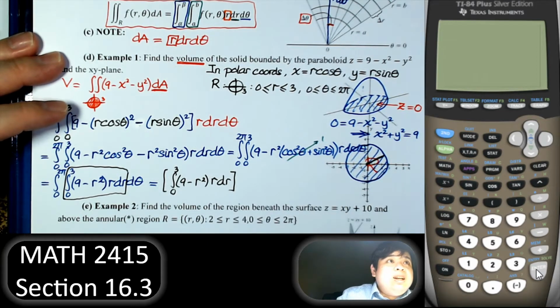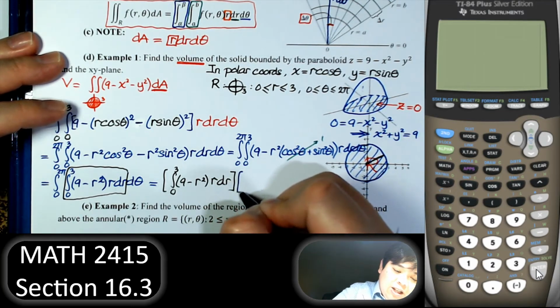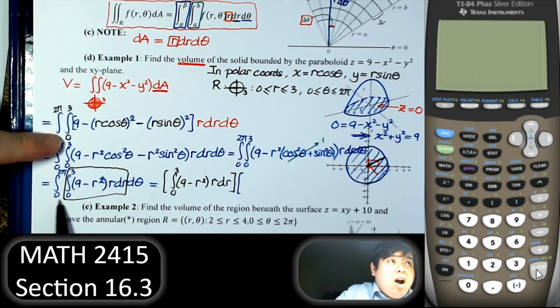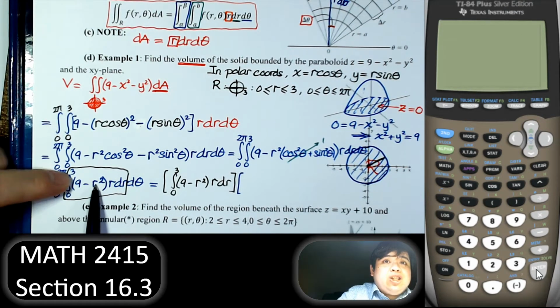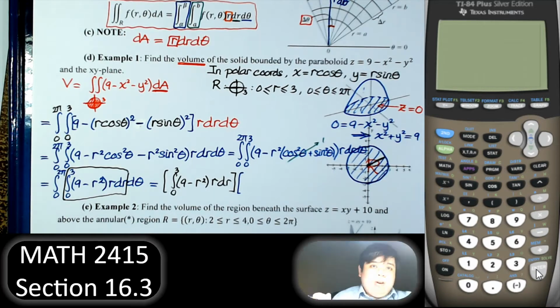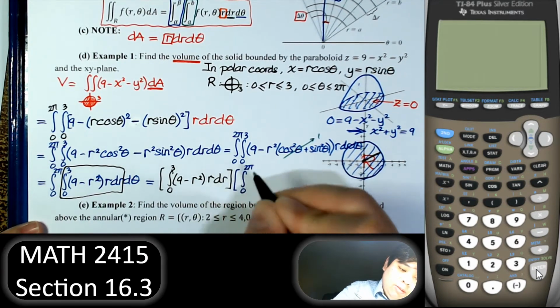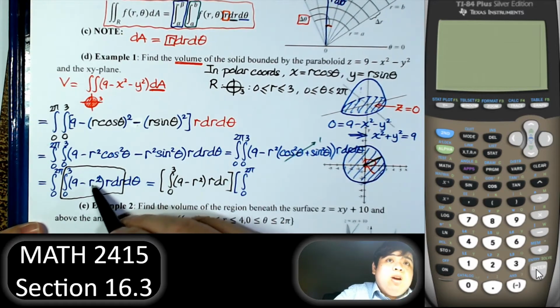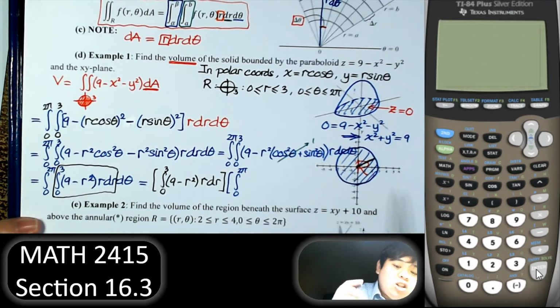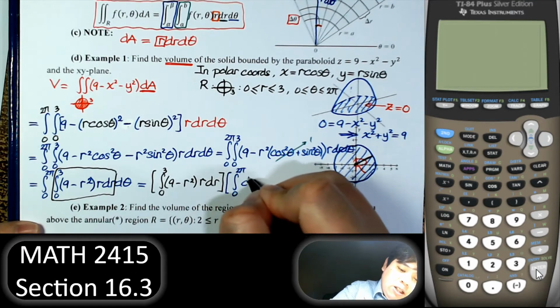What's left is theta. Yeah, we can do that because the limits are constant and the functions are separable, the function of theta and the function of r. We cannot do this if we have r plus theta in the middle. That's not separable, but this one is.